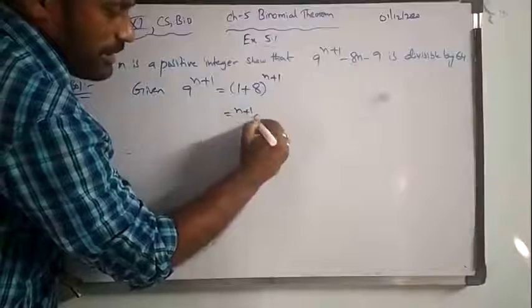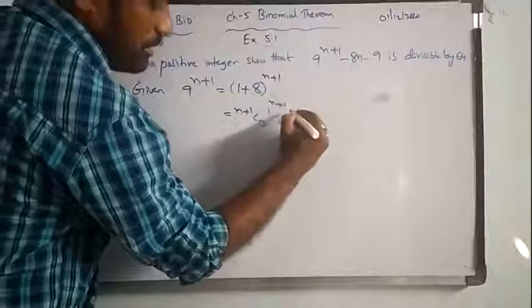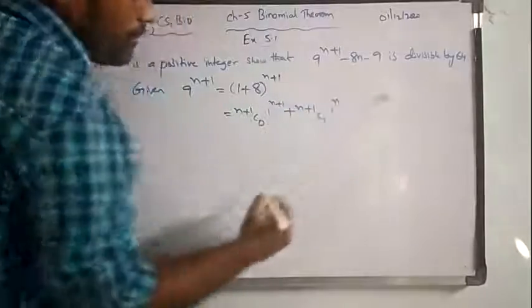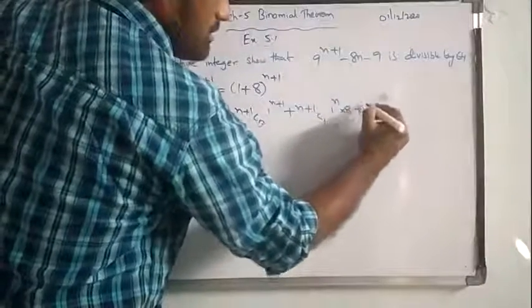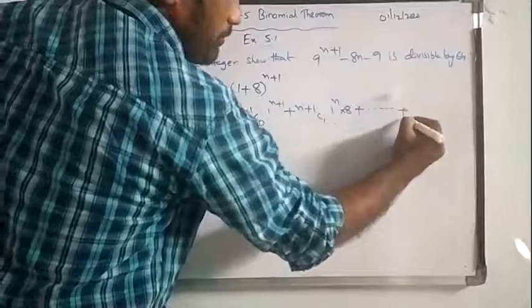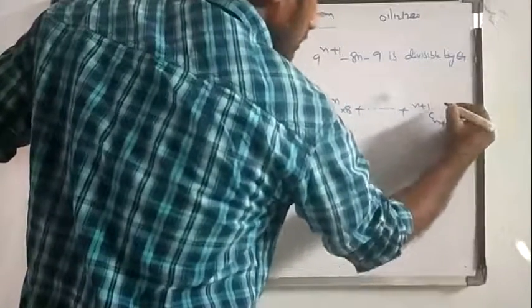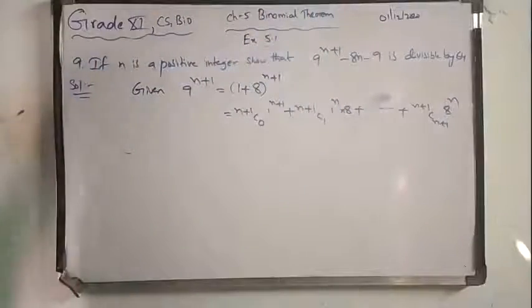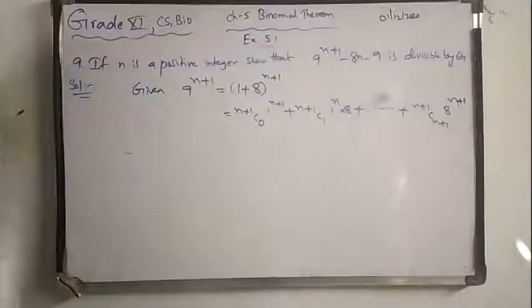That is (n plus 1)C0 1 to the power of n plus 1 plus (n plus 1)C1 1 to the power of n into 8 plus so on plus (n plus 1)C(n plus 1) 8 to the power of n plus 1.